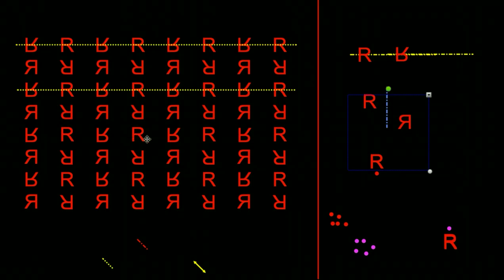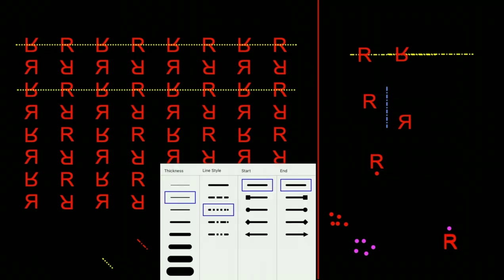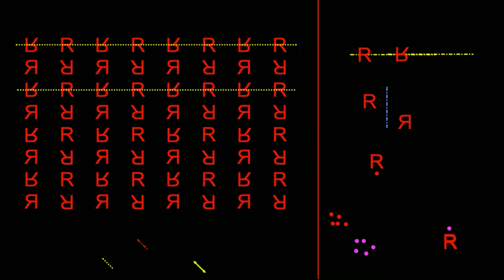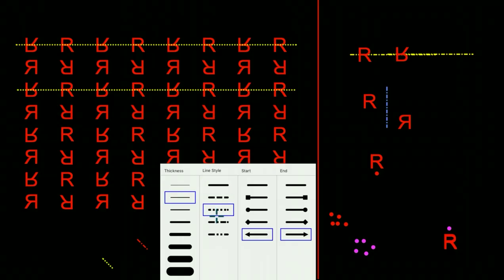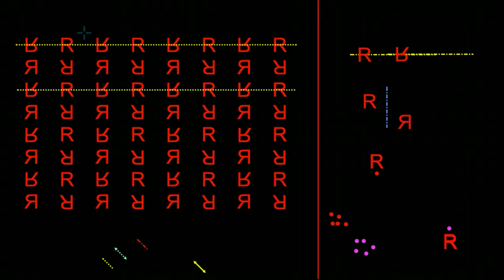So here's a pair of them. So let's put the vertical glides in a dotted line of an appropriate color. So we get vertical glides in the spaces between the two columns.